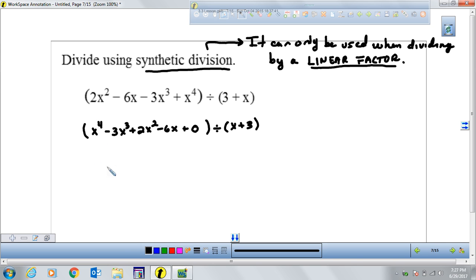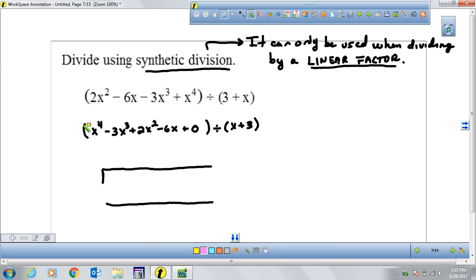Now let's go ahead and get started to set up the division. The synthetic division is going to work a little bit differently than the long division. What we're going to write inside of this division is only the coefficients of the variables and the constant. That's all we're going to need.